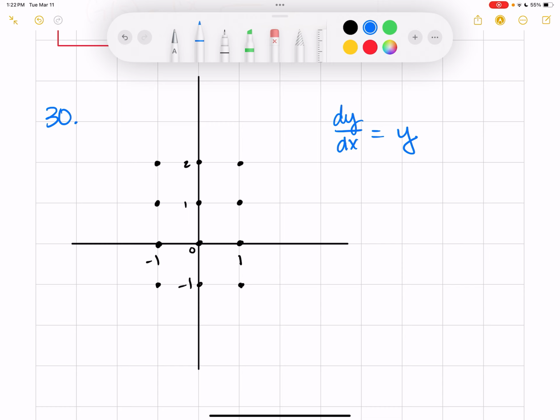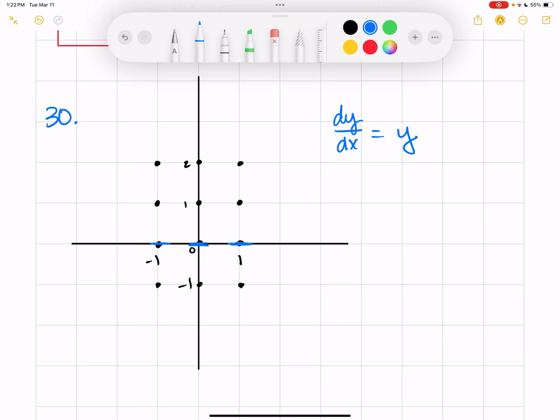Like this point is (0, 0). This one's actually super duper easy. If y is 0, the slope is 0, so this one goes straight across. Here, y is still 0, so that's also 0. Over here at (negative 1, 0), it's still 0, so it's going straight across.